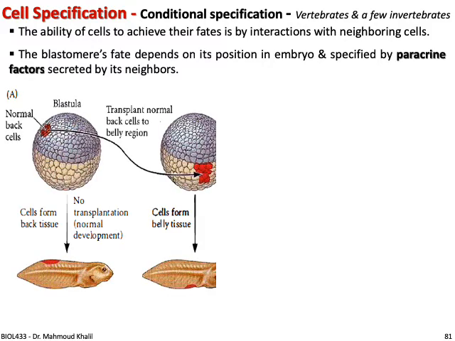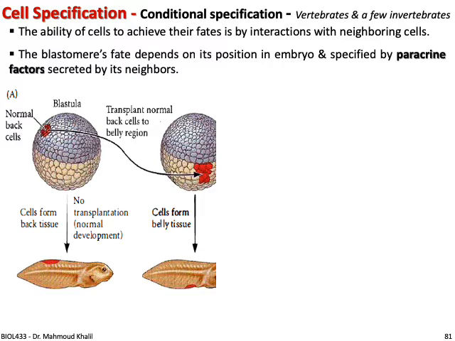You can see here that if we have this blastula and you remove some cells from the normal back cells of the blastula and transplant them into another region in another blastula, the cells which originally would form the back of the embryo will form belly tissue.